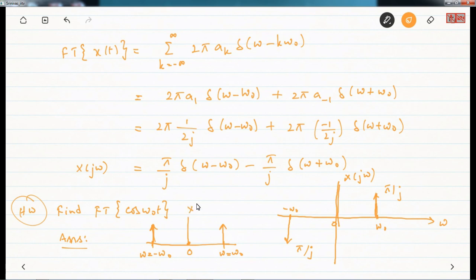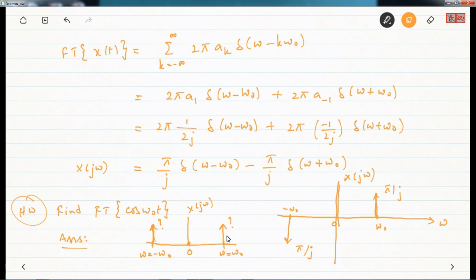This is x of j omega. Both impulses would be positive, and what is its height? You should at least know that both impulses will be going upwards, one impulse at omega equal to omega naught, another impulse at omega equal to minus omega naught, right?